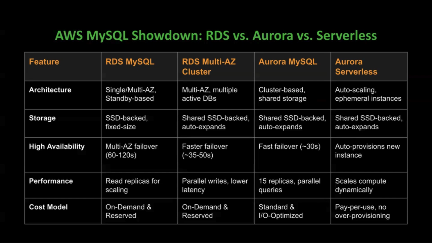If you need a cost effective managed MySQL setup, go with RDS MySQL, where you will have different storage types. You're going to select the storage type you would require for your application. And if you want better performance, high availability, and scalability, Aurora MySQL is the way to go.